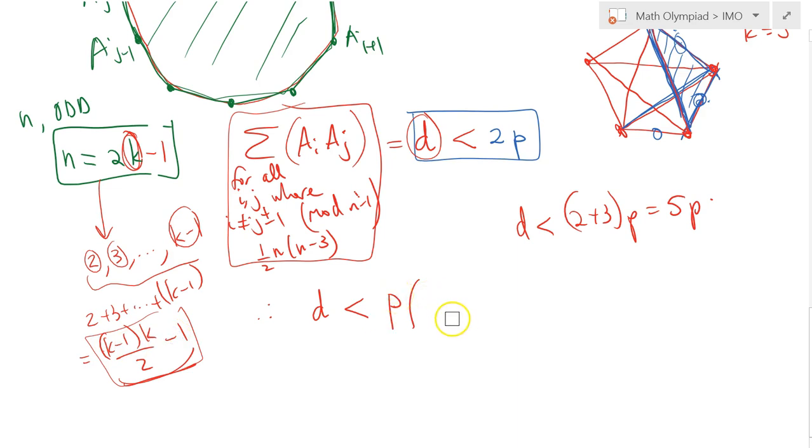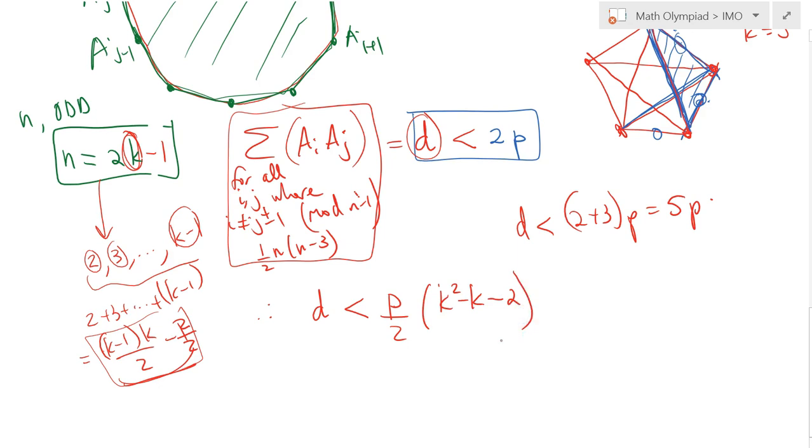So this is just p over 2 times, when I factor out the 2, this one is 2 over 2, so that will give me k squared minus k minus 2, division by 2 is already done here, sorry for that.